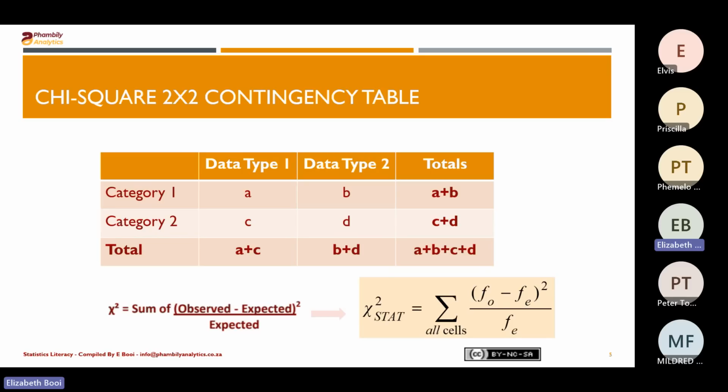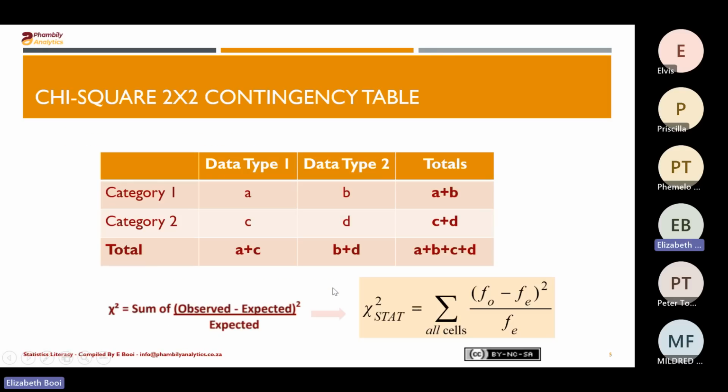From this contingency table, the values that you get originally from the table are called observed values. Then we're going to calculate the expected value and calculate the test statistic. Our test statistic is going to be based on the sum of your observed value minus your expected value, squared, divided by the expected value.